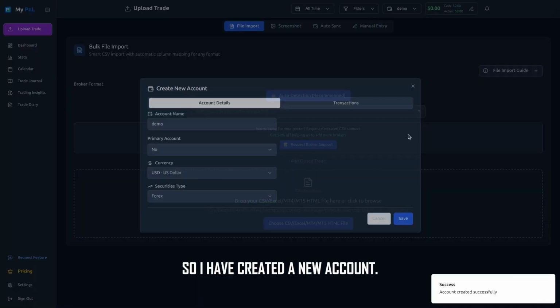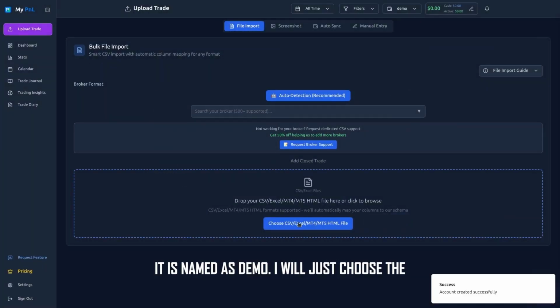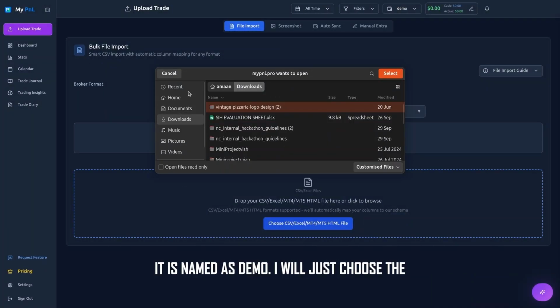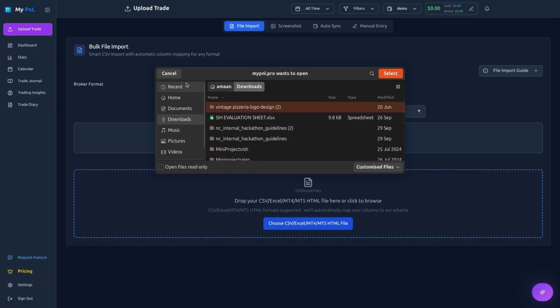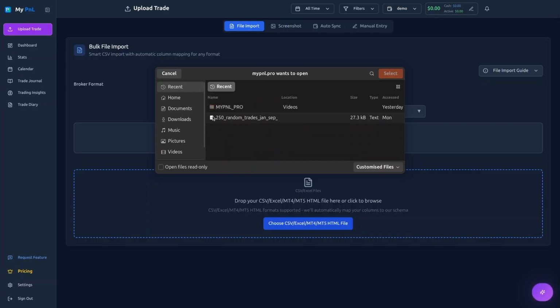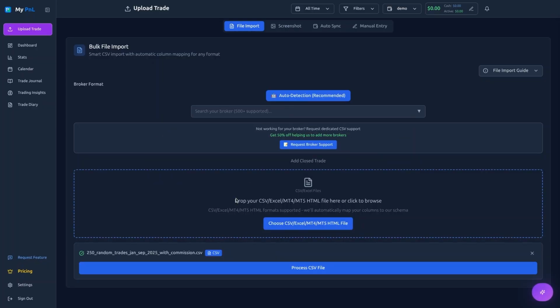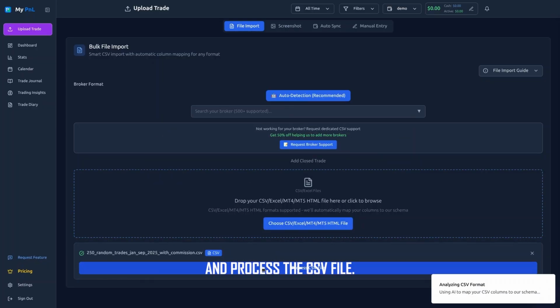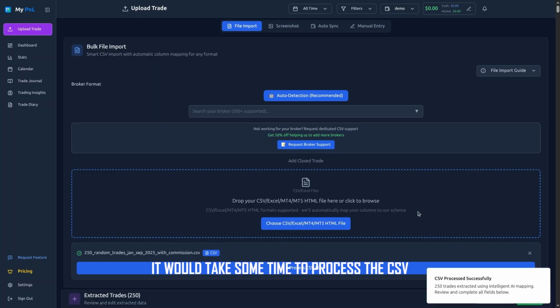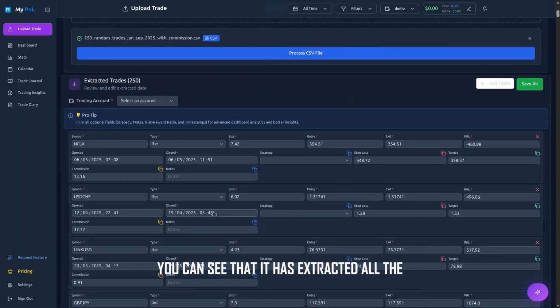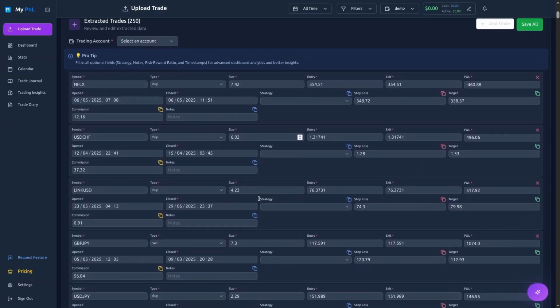So I have created a new account. It is named demo. I will just choose the 250 random trades and process the CSV file. It would take some time to process the CSV file, and then you can see that it has extracted all the trades.